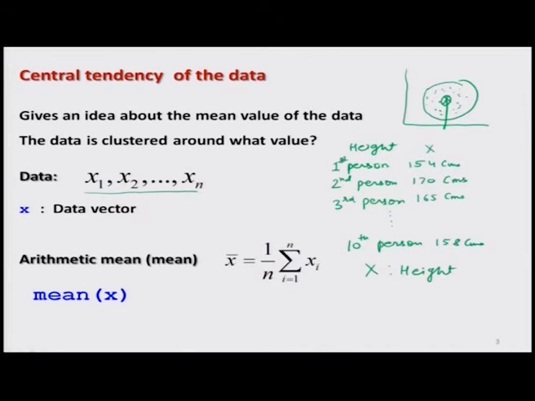So now here is my variable x, and when I obtain the first value of the data, this is denoted as x1. When I get the second data, this is denoted as x2, and when I get the third data, this is denoted as x3, and finally I will have altogether 10 values, and the last value is x10. So in this case you can see here n is equal to 10.